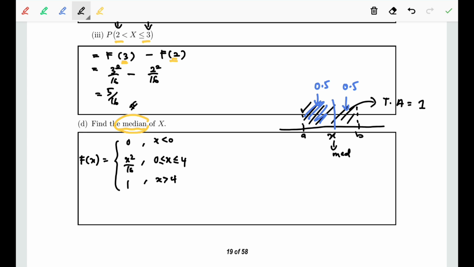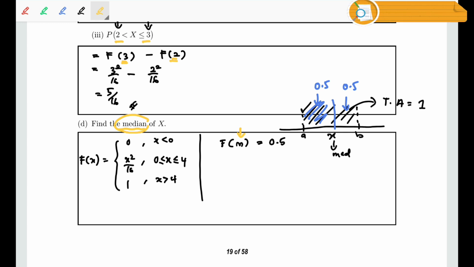For the notation, we can write F of m equals 0.5. Why m? It's optional. You can write it as F of x, but m refers to the median, and m is actually the value of x.